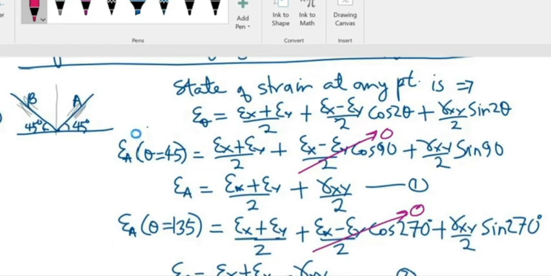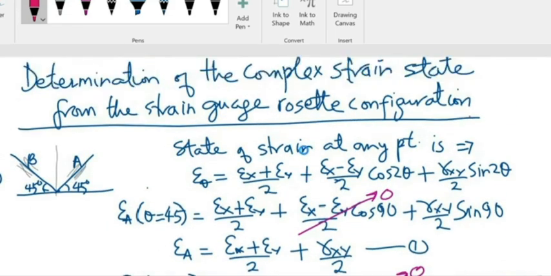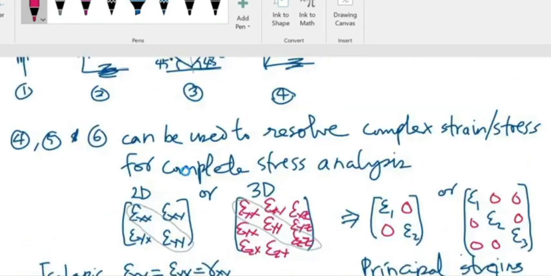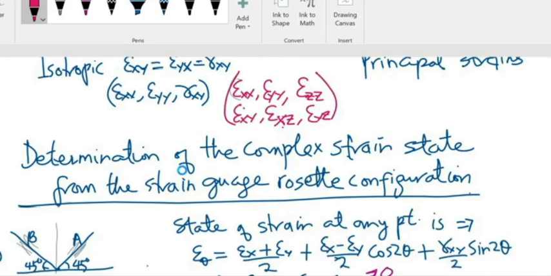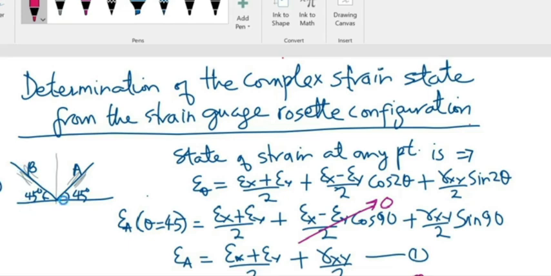So let's determine these complex stresses. For example, let's begin with 3 also. So for 3 here, we said it is a 2-element shear rosette. So you can see the configuration: 45 degrees, so even here is going to be 45. Here also, 45.